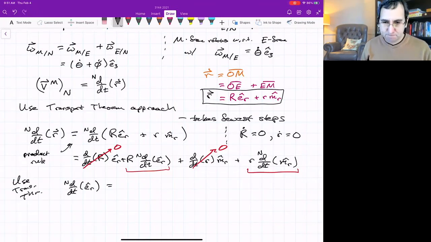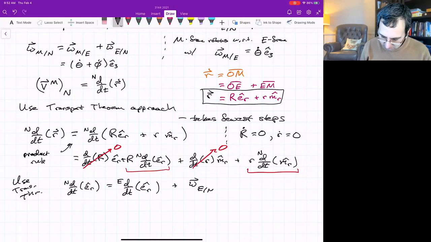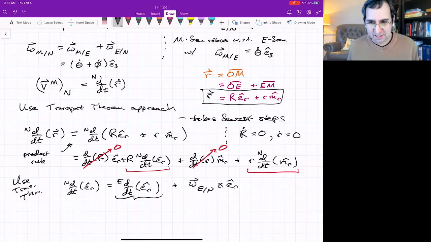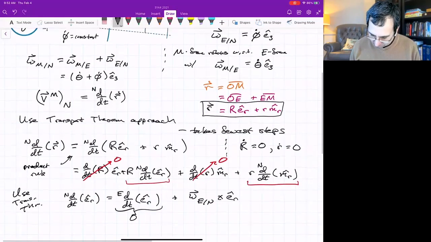Because it's a vector defined in the E frame, the frame we use for the transport theorem on the right-hand side is the E frame: E with respect to N cross ER. Now, a unit vector that is fixed in the E frame does not change with respect to the E frame, so that's a 0.